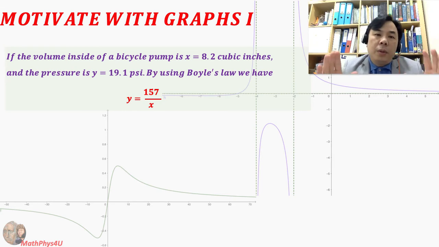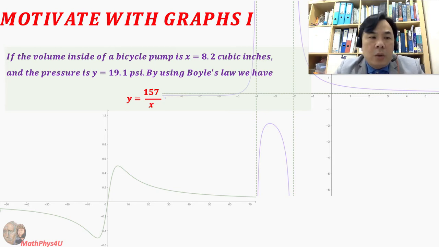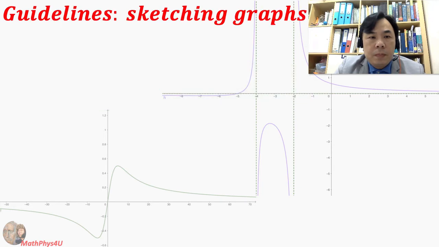Before we get started with sketching the graph, there are a few guidelines that we are going to follow whenever we sketch any sort of rational function, or any type of graph to be general. Guidelines for sketching graphs here. I did not put in all the necessary guidelines. I have highlighted the main guidelines that would give you the main features of the graph required in your exam.